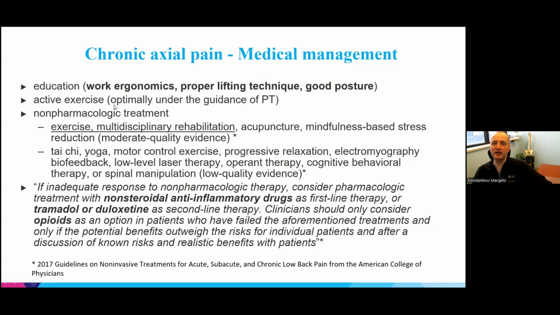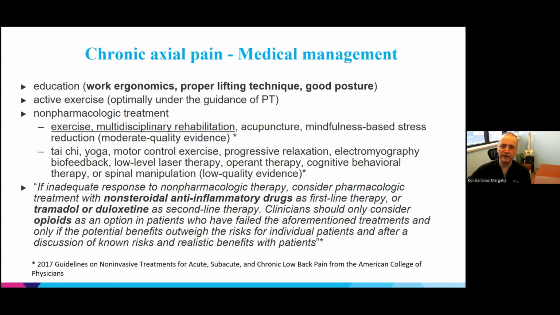In some cases, we might want to refer them for physical therapy. That's very, very important, because with physical therapy, they can strengthen their muscles that keep the spine in normal alignment. And some patients say, "Oh, I'll go to the gym and do the exercises on my own," which might be fine if they have experience, but many of them don't really have the expertise to know exactly what kind of exercise they need to do.